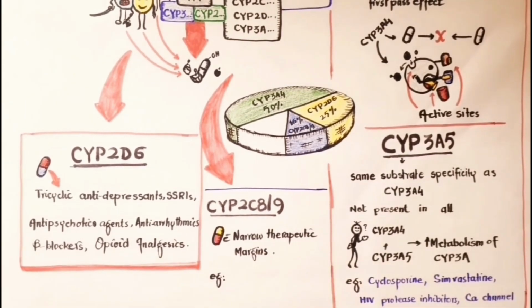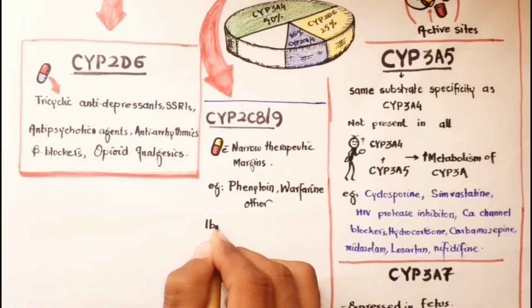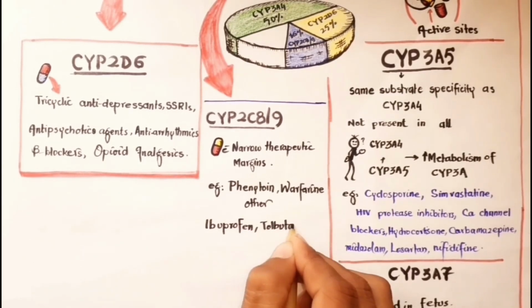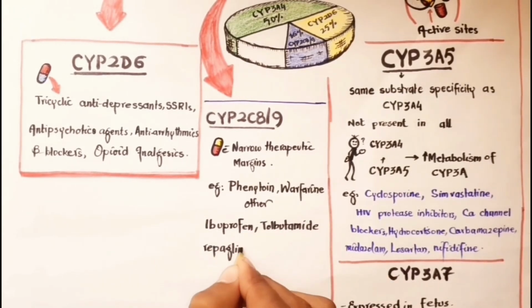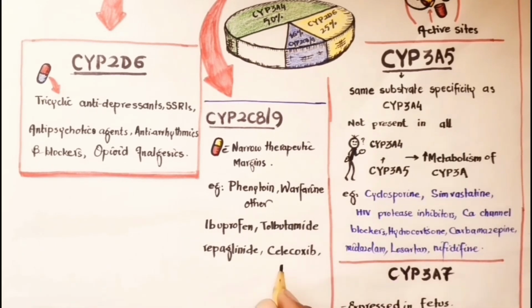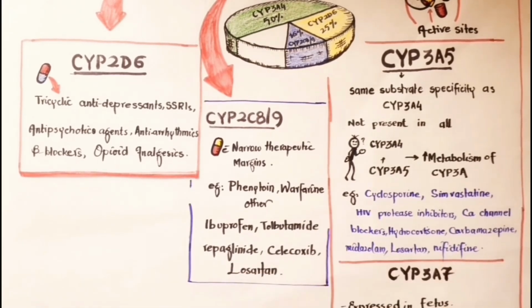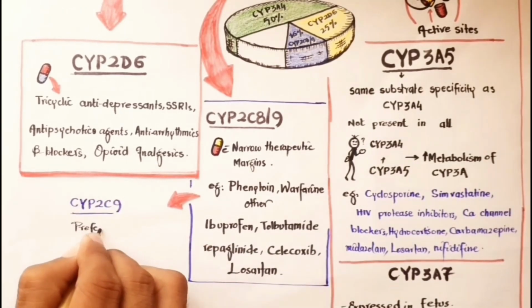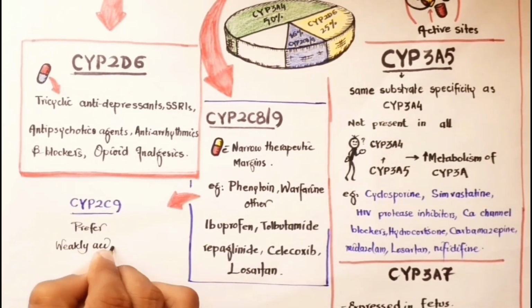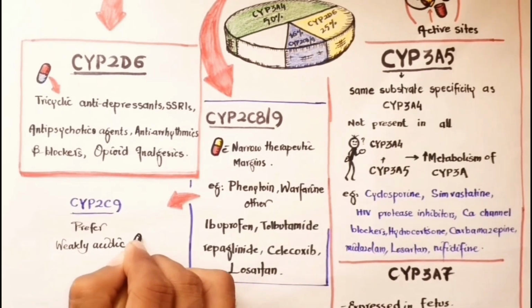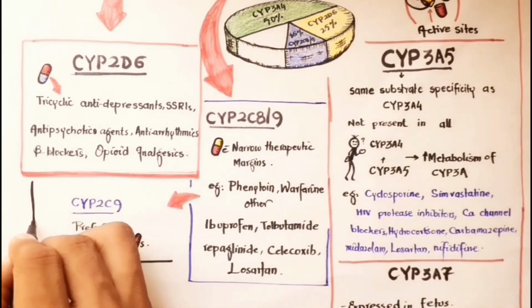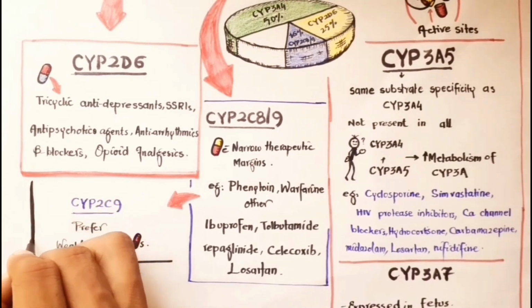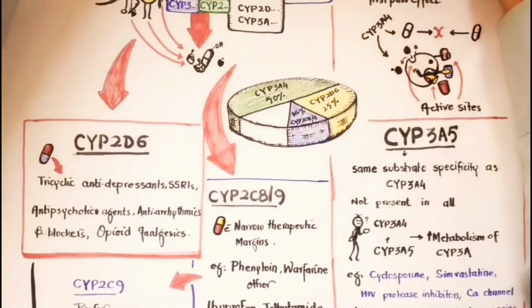Two of these drugs are phenytoin and warfarin, and other drugs like ibuprofen, tolbutamide, repaglinide, celecoxib, and losartan. CYP2C9 appears to prefer weakly acidic drugs as substrates, which limits the number of drugs metabolized by this isoform, since most drugs are weak bases.